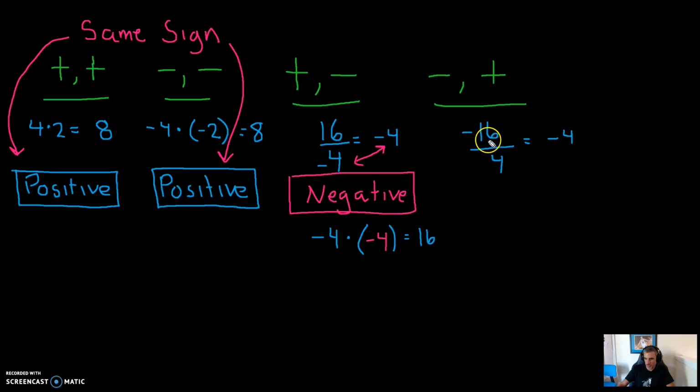If I reverse this process, I have to multiply 4 times negative 4. Negative 16 divided by 4 is negative 4. Well, that means negative 4 times 4 gives me negative 16, which is the same rule here. The signs are different, so I get a negative.